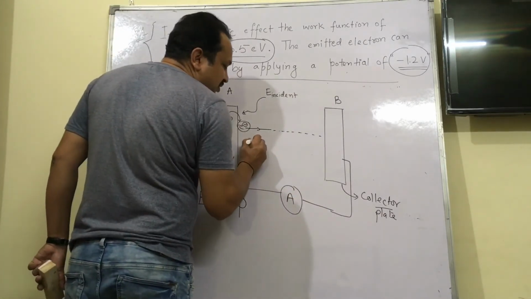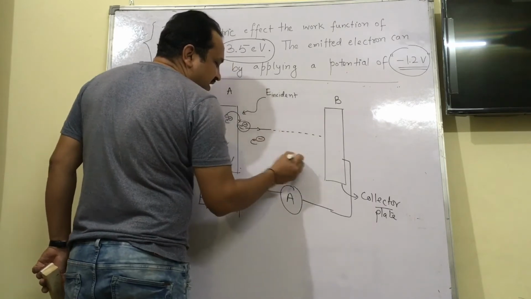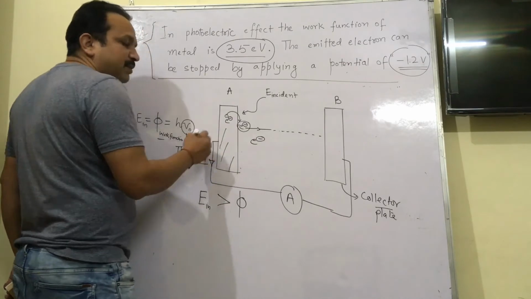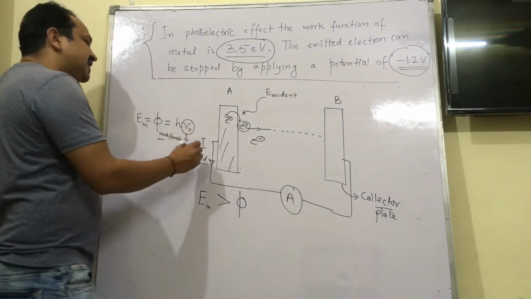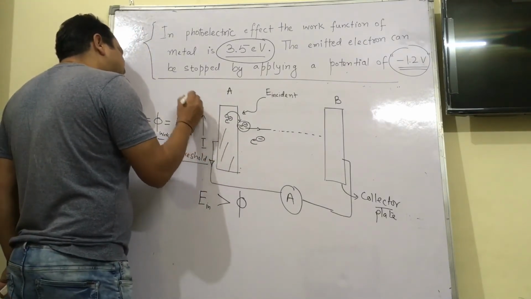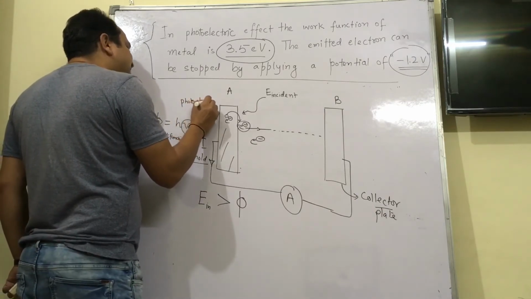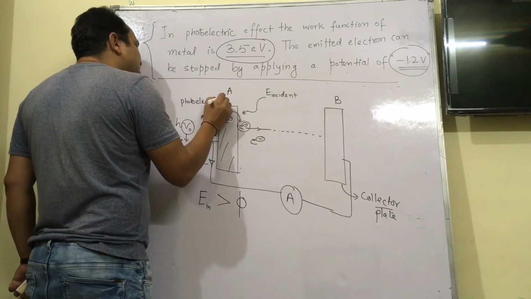If electrons are moving in this direction, then the direction of current flow will be in the opposite direction, and this current is known as the photoelectric current.